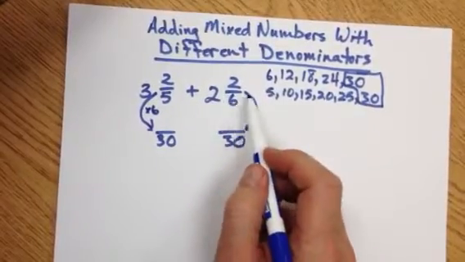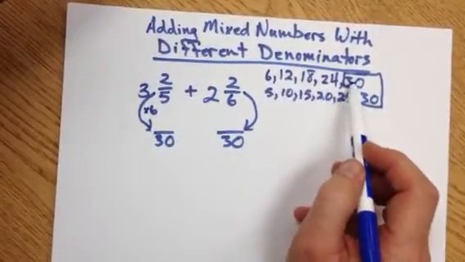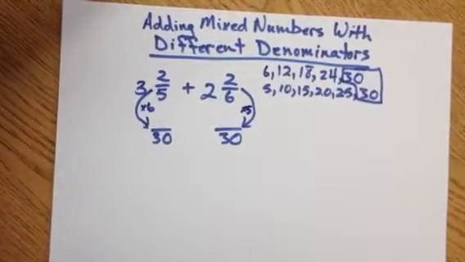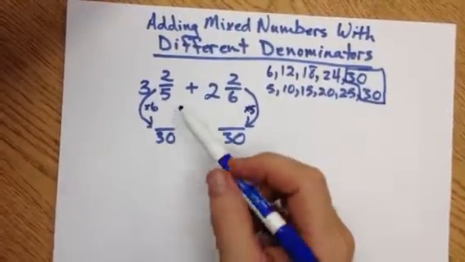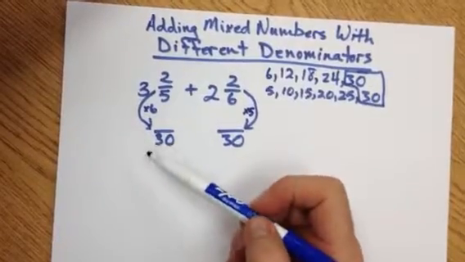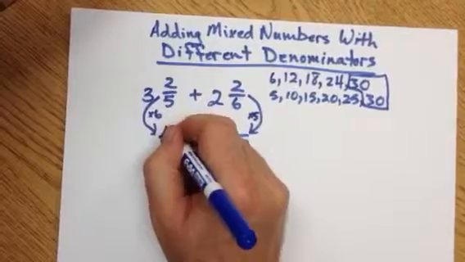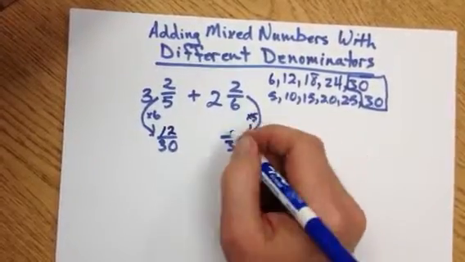We multiplied 6 by 1, 2, 3, 4, 5. Now to get our equivalent fraction, we need to multiply our numerator by that same number.